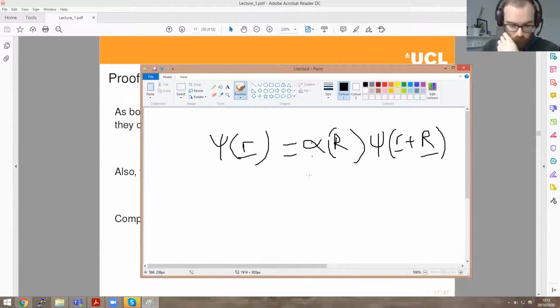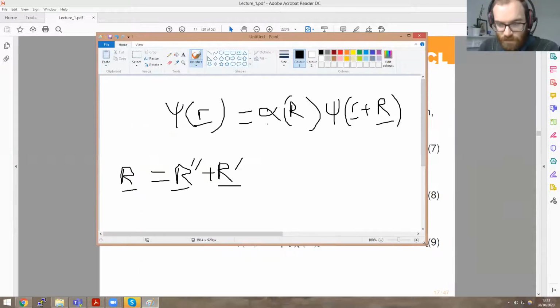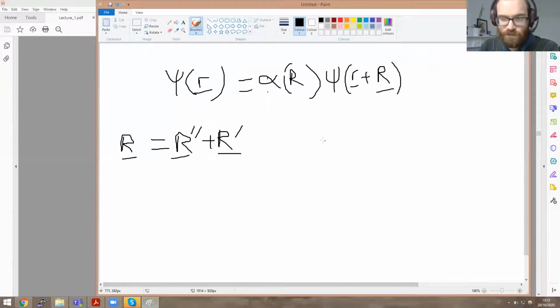But this has to work if this R vector is made up of two parts. This definition we've got should work regardless of whether we apply these two vectors one after the other or whether we just apply them in one go.